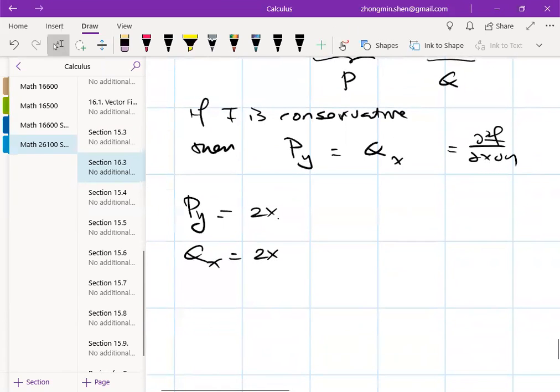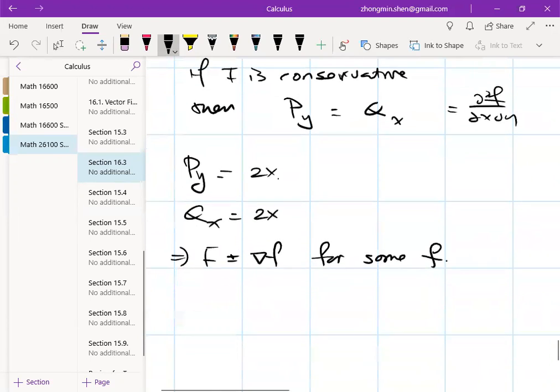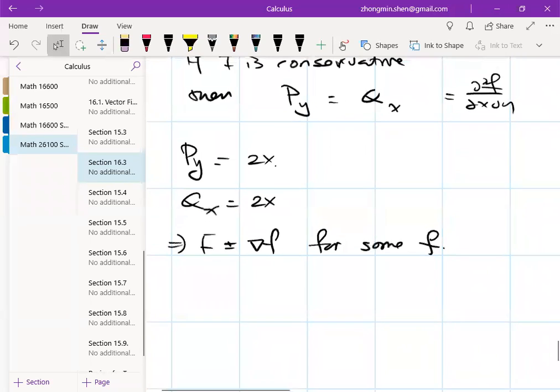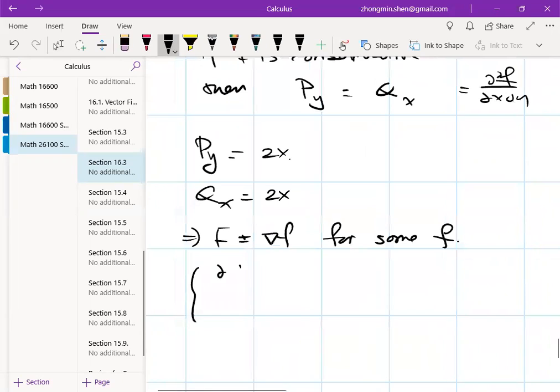So that indicates the vector field F equals the gradient of f for some little f. So we're going to find such an f. Then you definitely can find f, right? So I'm going to write down 3x + c + 2xy.